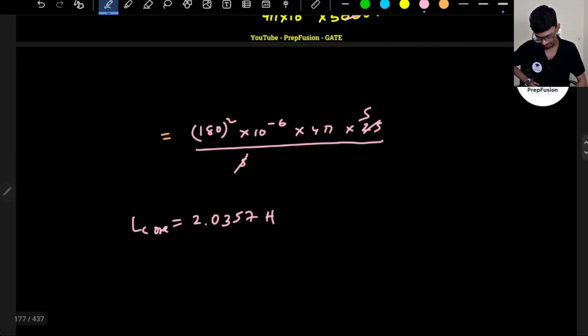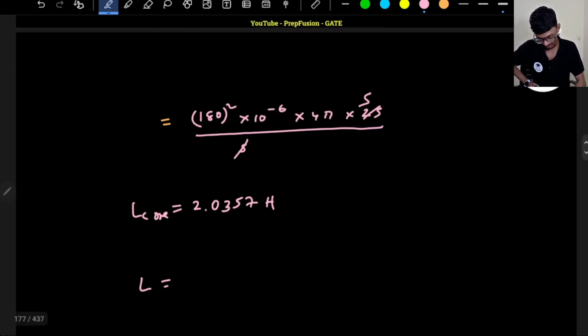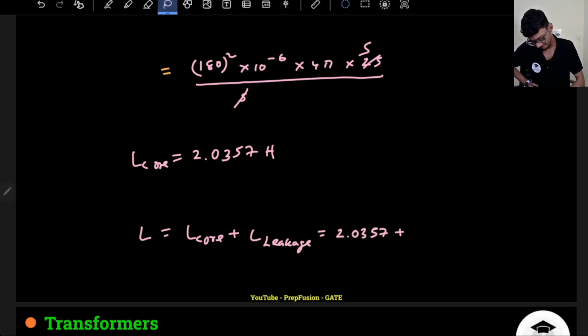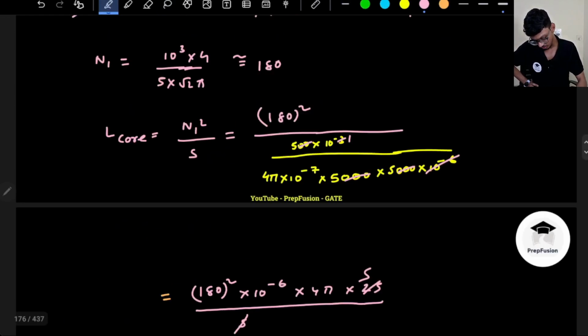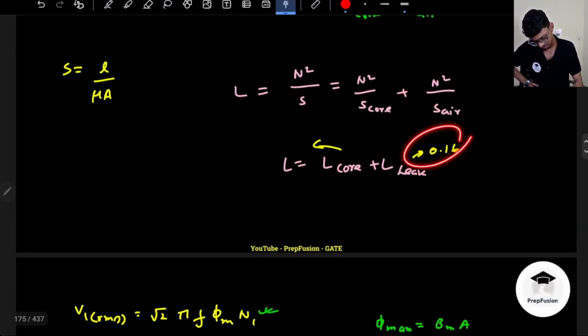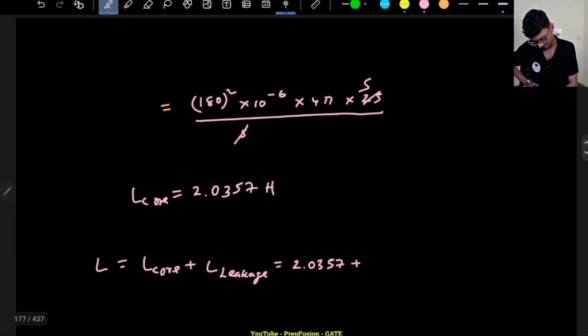So overall self inductance, I have already derived the expression, will be L core plus the leakage. So it will be equal to 2.0357 plus the leakage, which they have already given me as 0.16.